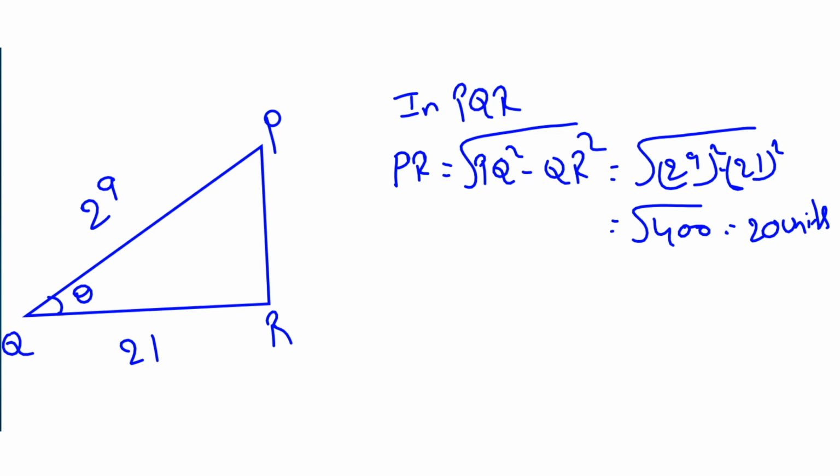In this diagram, sin theta equals the opposite side of the angle by hypotenuse.